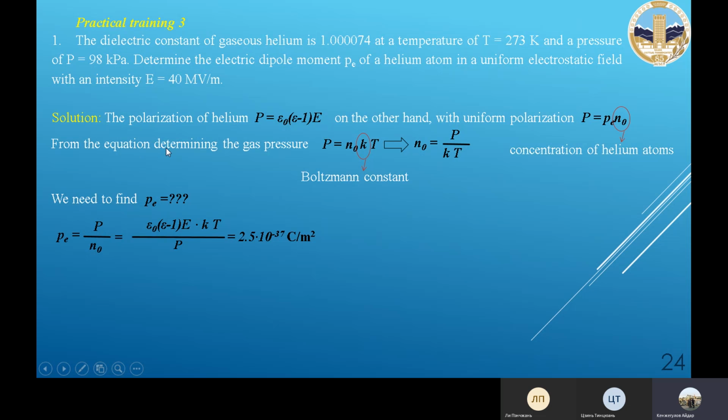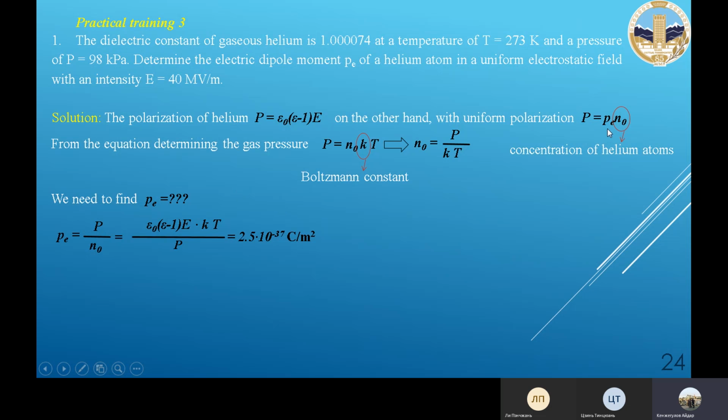From the equation determining the gas pressure, we know this formula from physics. This K is the Boltzmann constant. So we need to find the concentration in this formula, and this concentration we should put here.